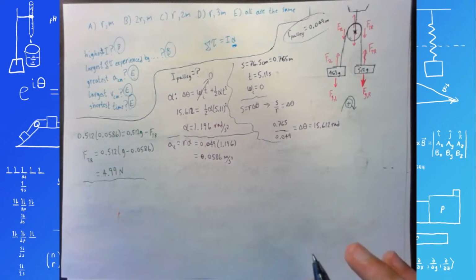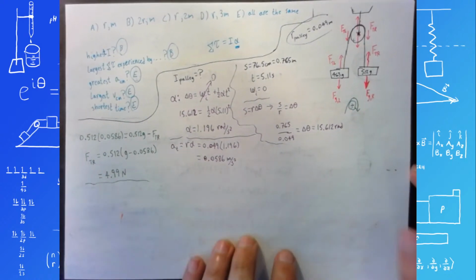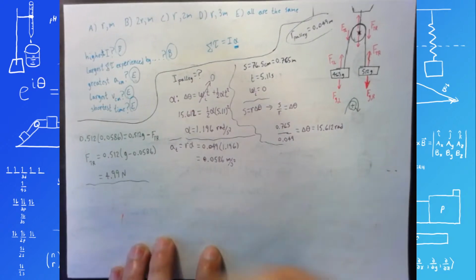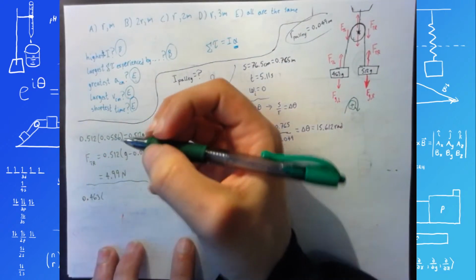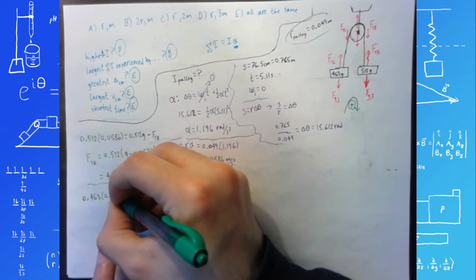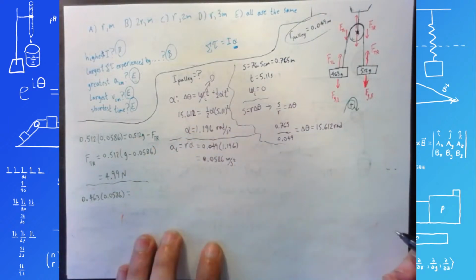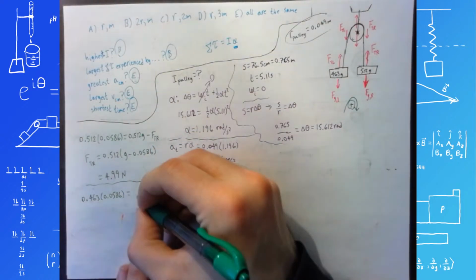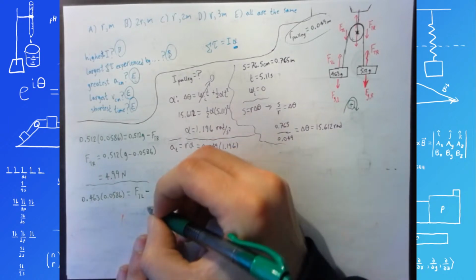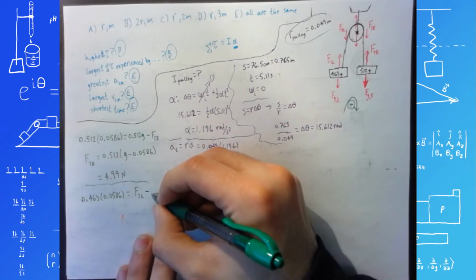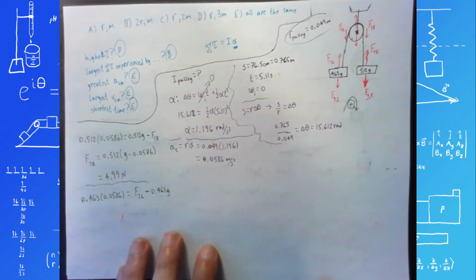Speaking of force of tension left, let's write the net force equation for the block on the left. So it's going to be mass times acceleration, 0.463 times 0.0586 equals up minus down this time, so force of tension left minus force of gravity left, so that's 0.463 times g.